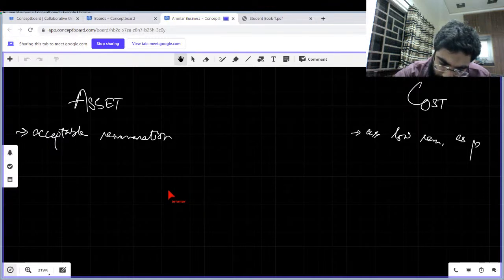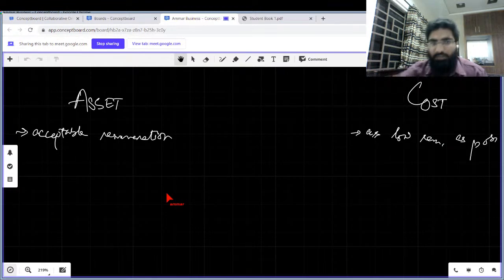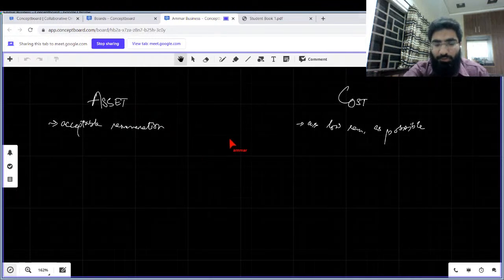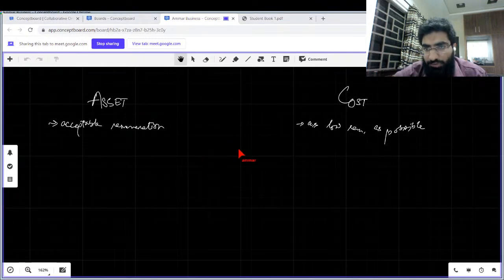Later, I think we'll get to see different ways a business can remunerate their employees. So it includes salaries and other ways as well. That is why I've not used the term salaries over here.